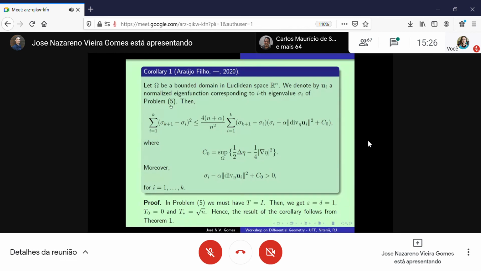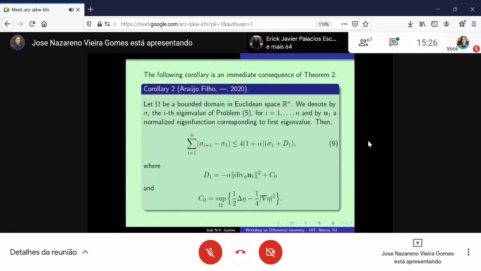Because here, in problem 5, we can take T to be the identity. Then we get epsilon and delta equal to 1, T0 is 0, and T star is equal to, I don't know in English. Okay, hence the result of the corollary follows from theorem 1. Okay.